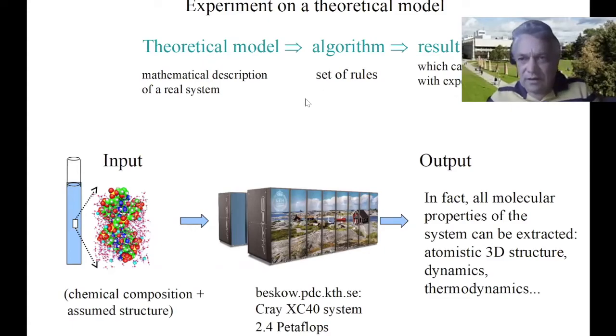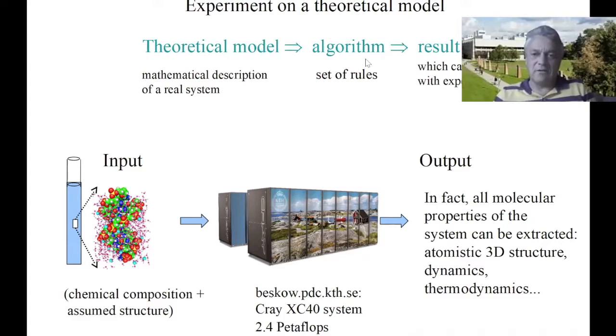So what is modeling? Modeling can be thought of as an experiment on a theoretical model. In the background we have a theoretical model, which I can say is a mathematical description of a real system. For example, if you study DNA, it can be a model for DNA; an atomistic model of DNA means that we give the atomistic structure of DNA in terms of atomic coordinates.